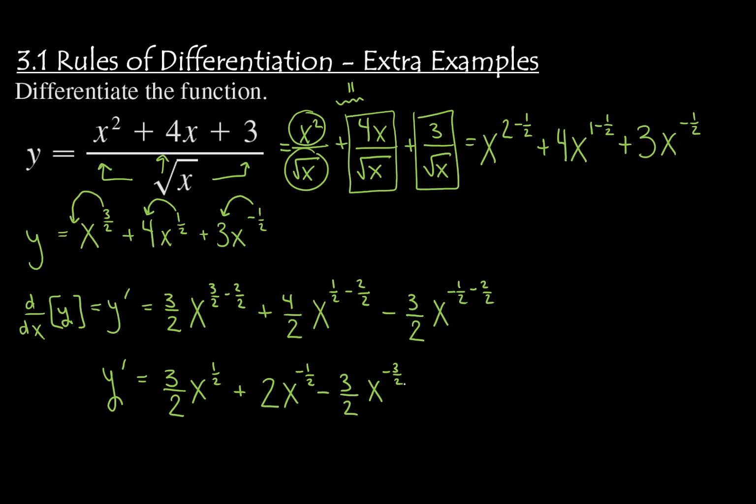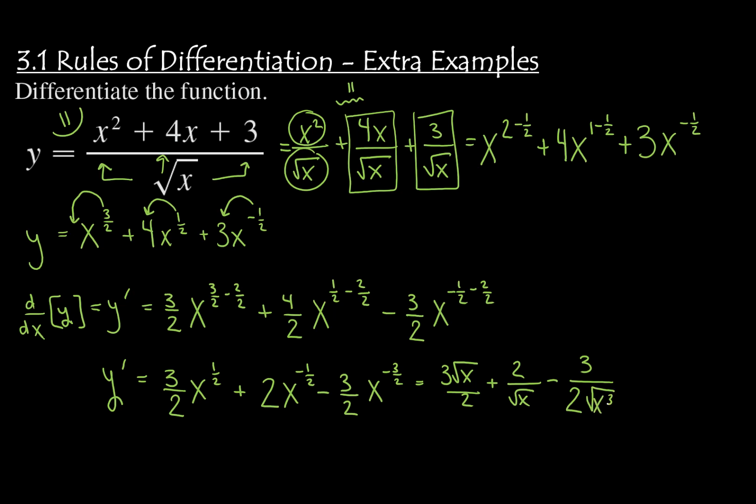And then remember that your original function was written in root notation. So you're going to want to rewrite these in root notation. So I'm going to write this as 3 square root of x over 2 plus 2 over the square root of x minus 3 over 2 square root of x cubed.